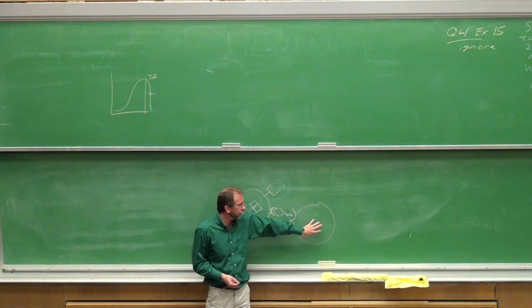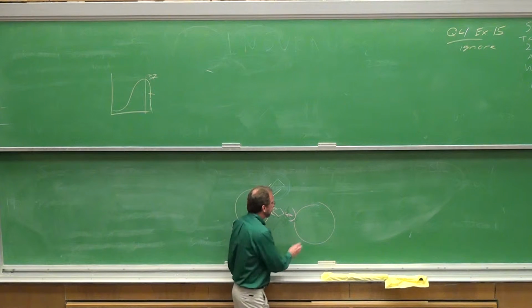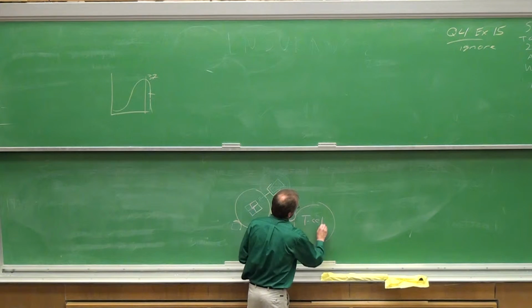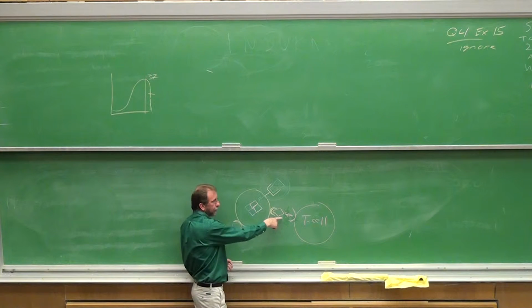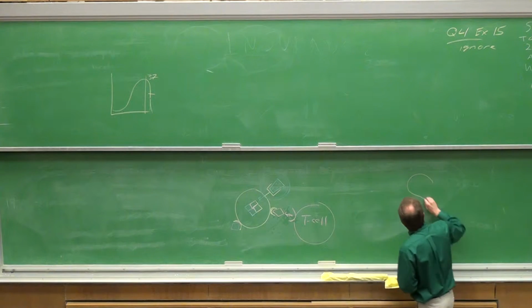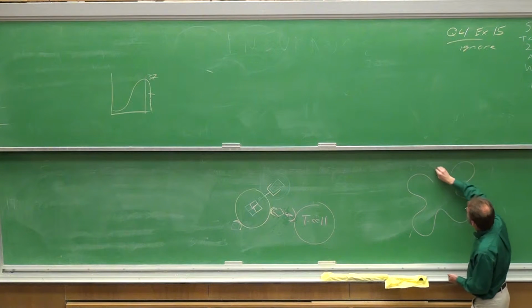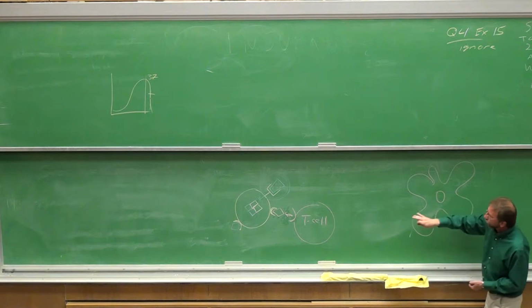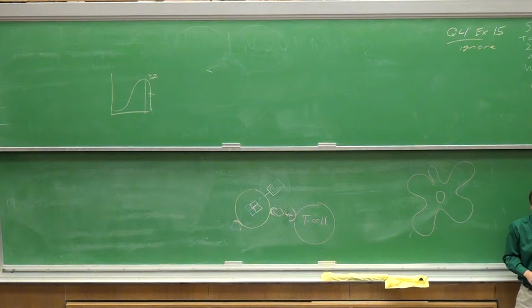You have to remember now the T cell here is only able to recognize this antigen that's being presented to it because of the dendritic cell that earlier had presented that same antigen to it.